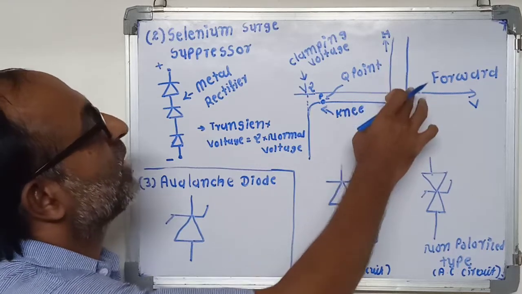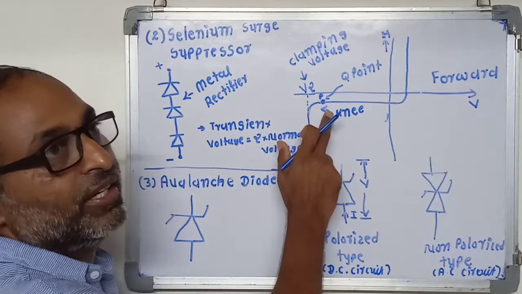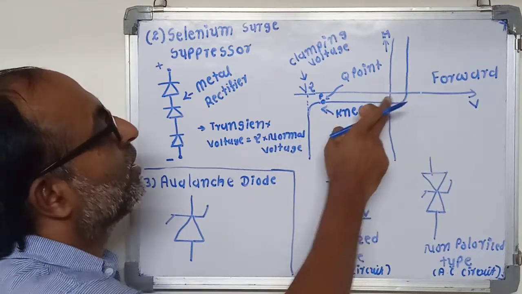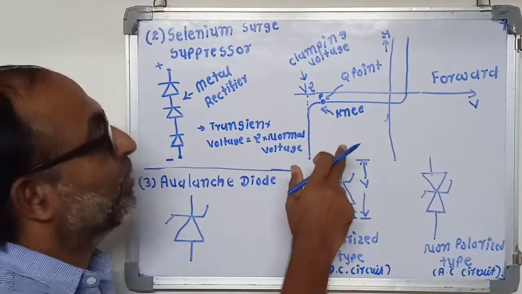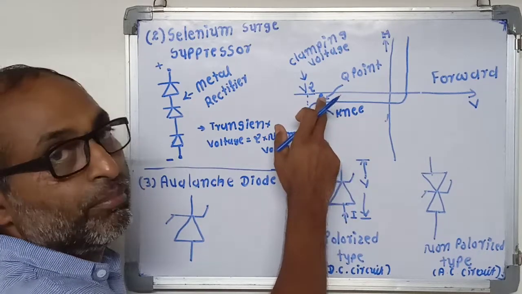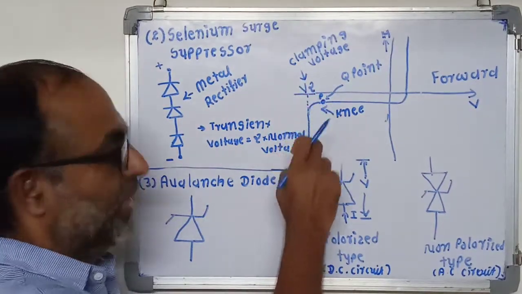As shown in these characteristics, before the operating point P, a very small amount of current passes through it. When the transient voltage appears and crosses this point P, a very high amount of current passes through it.